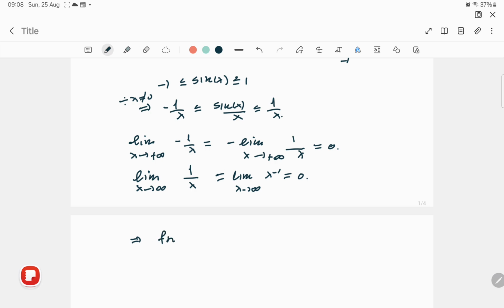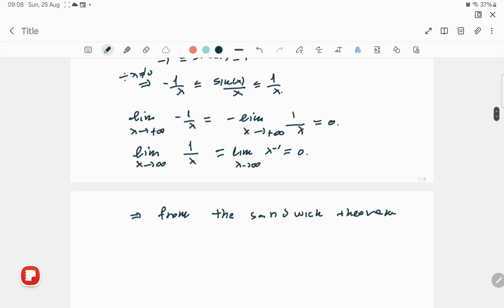So from the sandwich theorem, the limit of the function sine of x over x as x grows to infinity is equal to 0.